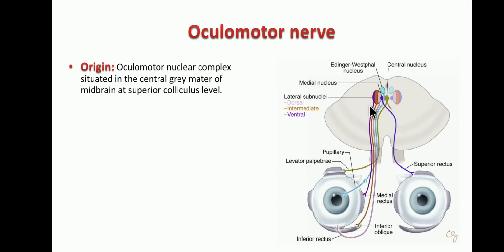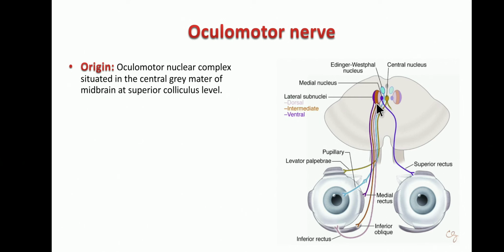Now, apart from that, the oculomotor nerve nucleus is also related to the pretectal nucleus. The pretectal nucleus is mainly responsible for the pupillary light reflex, both the direct and the consensual pupillary light reflex. Direct is when you throw a light onto the right eye or any one eye, the pupil reacts.